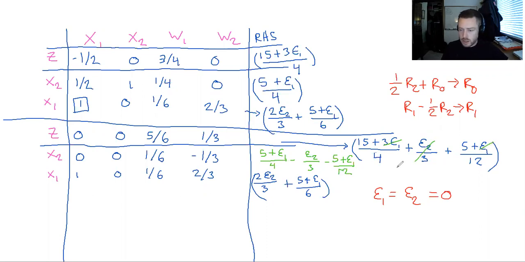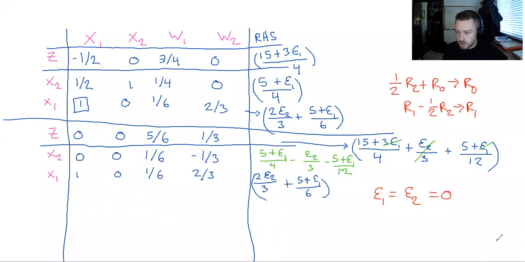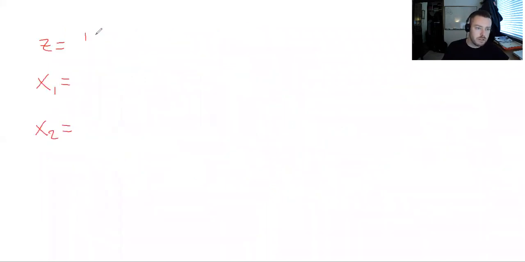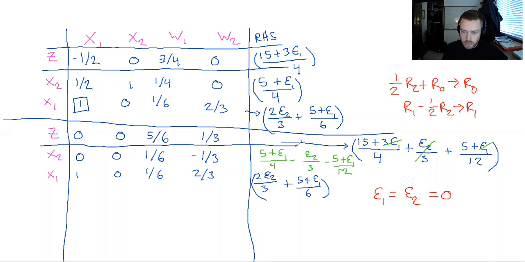So we get that z. Let's make this over here. This. So z equals something. X1 is going to equal something, and then X2 is going to equal something, right? So what does z equal? Z equals 15 over 4 plus 5/12. What does X1 equal? X1, all right, remember, so the epsilons turned to 0, 0, 0, 0.